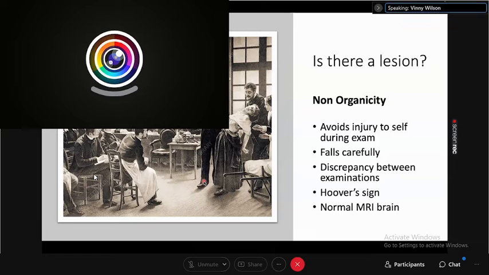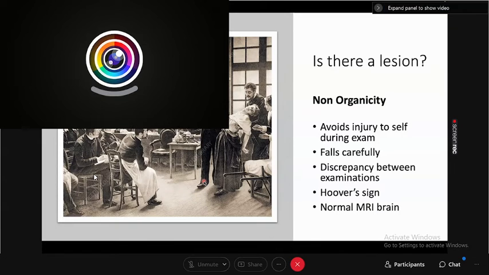And if the patient is consistently avoiding injuries to self, then that is a pointer to non-organicity. Also, if the patient can walk, and when you make the patient walk, you will find that the patient falls in such a way as to avoid injuries to self.